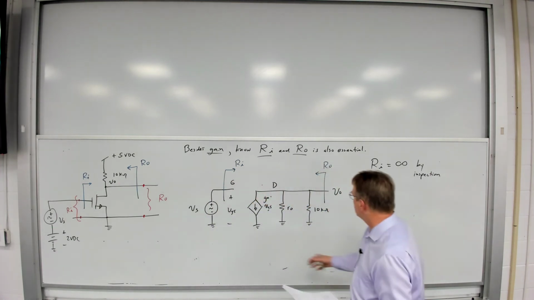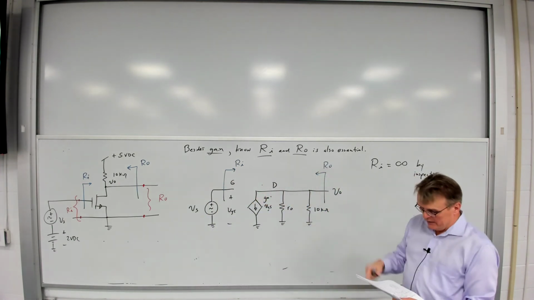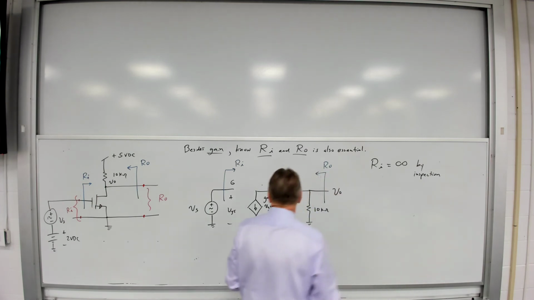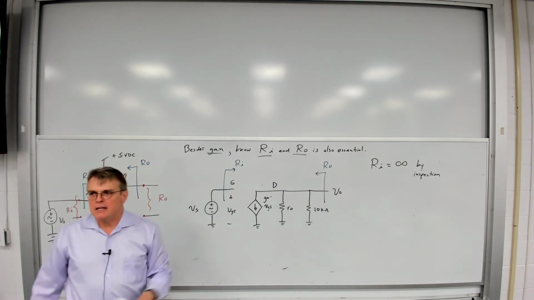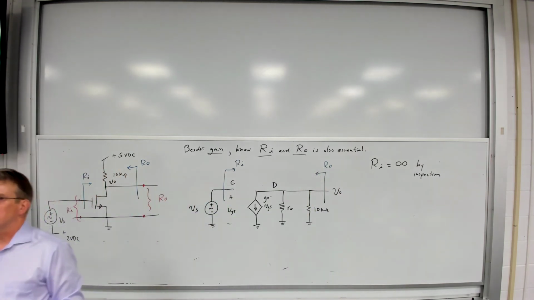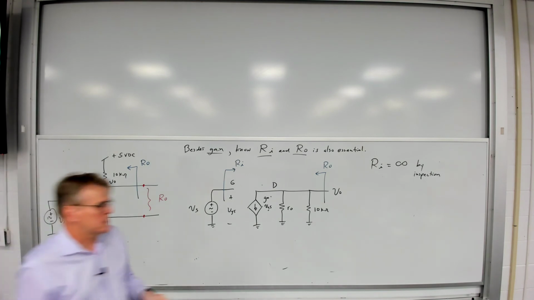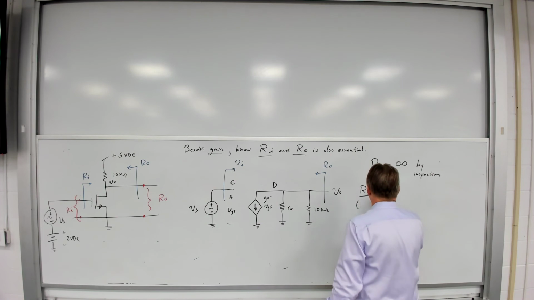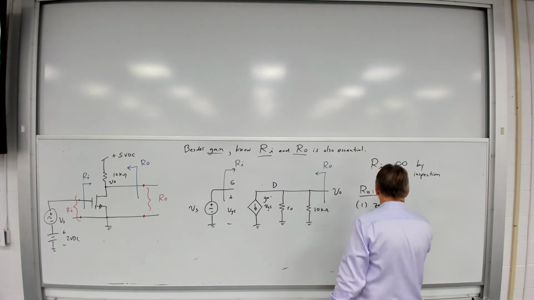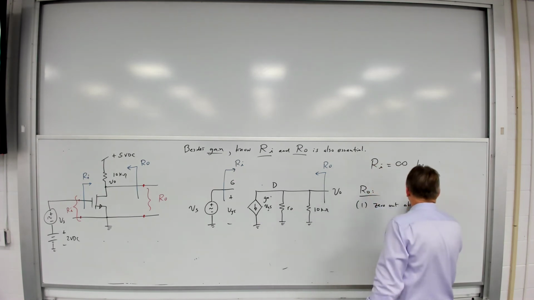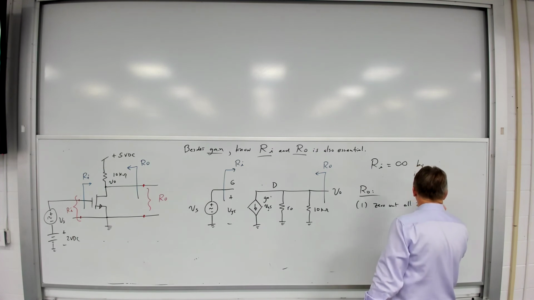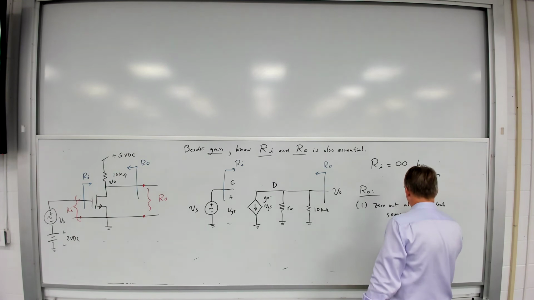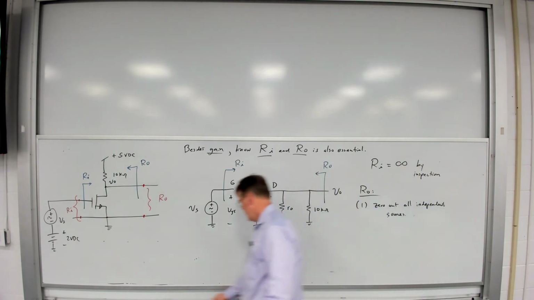So in this case, I'm going to want to calculate R sub O. And so what's the first step to finding R sub O? First, zero out all independent sources. Let's do that.